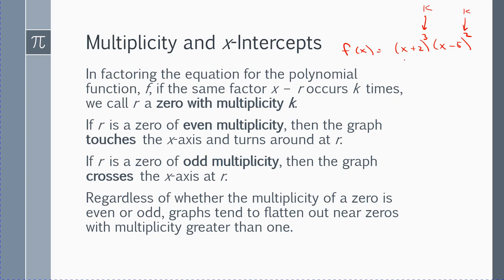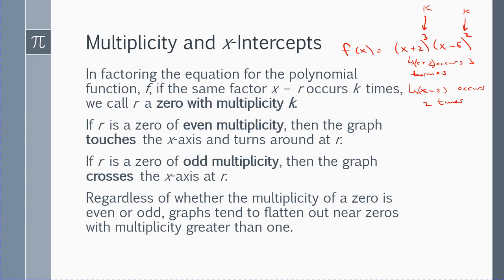So notice this factor, x plus 2, occurs 3 times, and then this x minus 5 occurs 2 times.